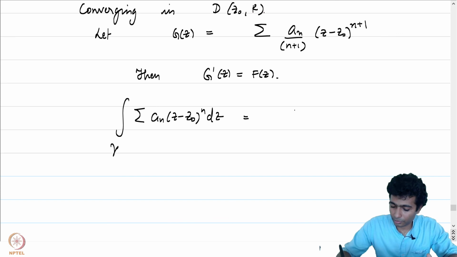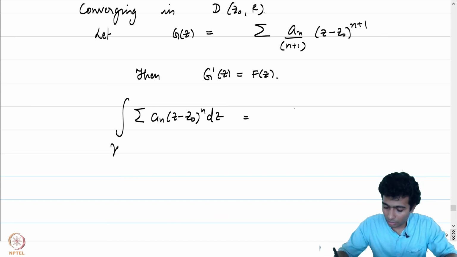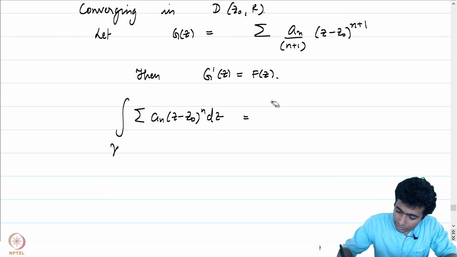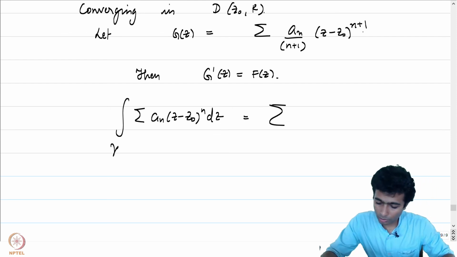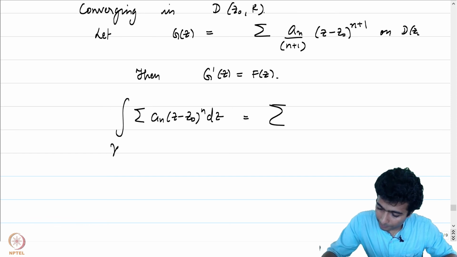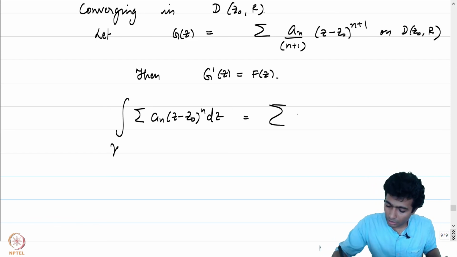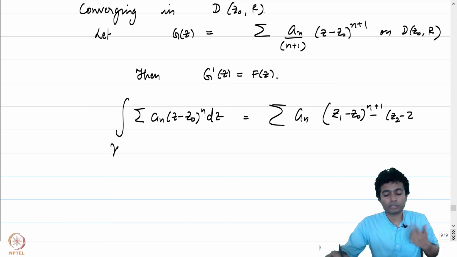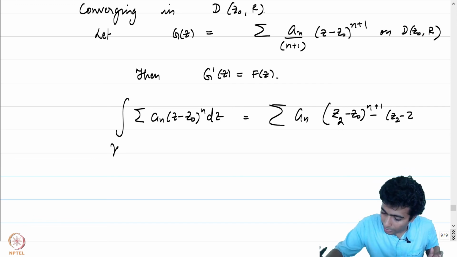This is just going to be equal to the summation of a n times ((z2 minus z0) to the power (n plus 1) minus (z1 minus z0) to the power (n plus 1)) by (n plus 1).